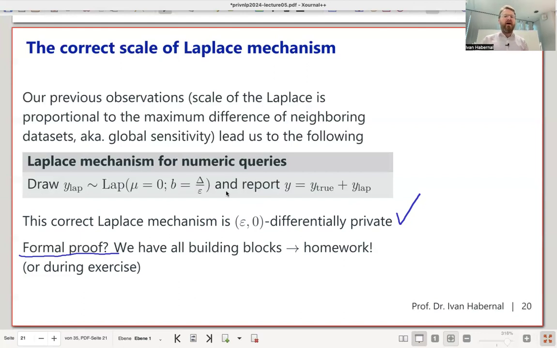Okay, so now let me ask you a question. What is the global sensitivity of the counting query? What is the counting query doing? We have Elise, Bob, Charlie, Alexander, and the bits would be 1, 1, 1, 1. What is the global sensitivity of the counting query?